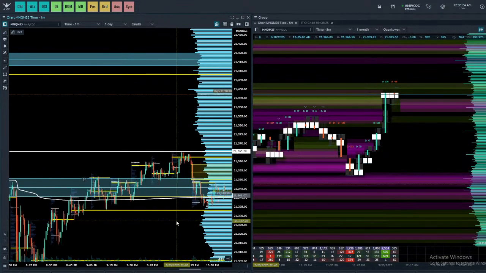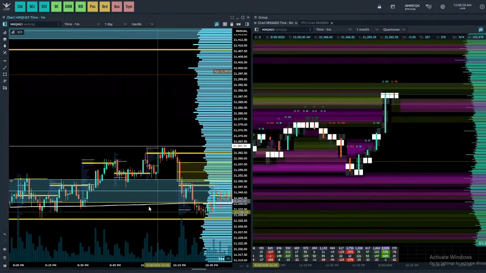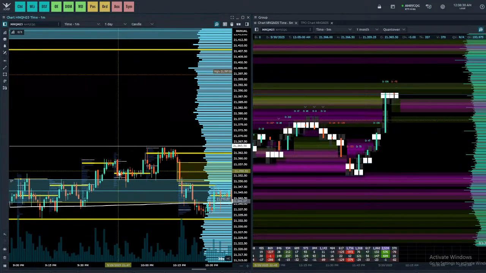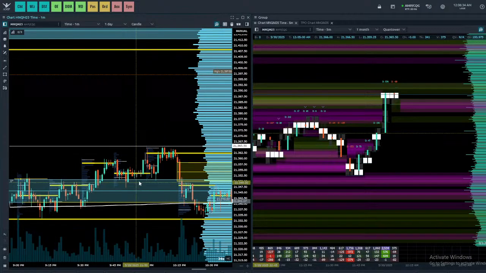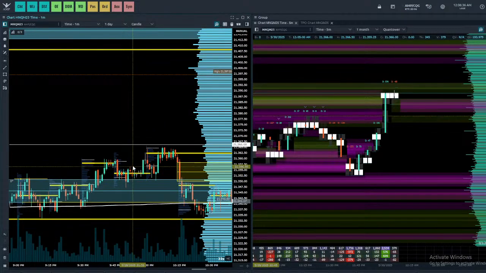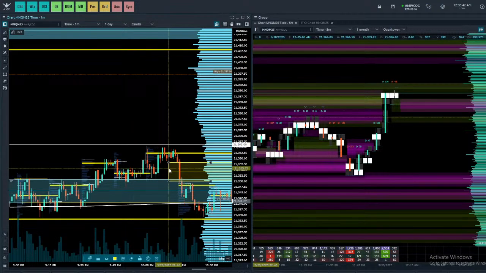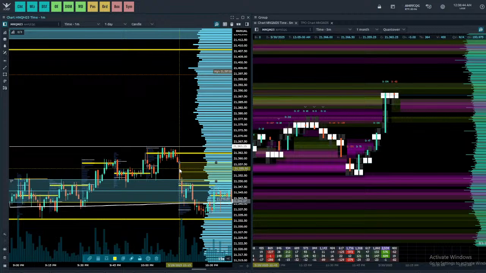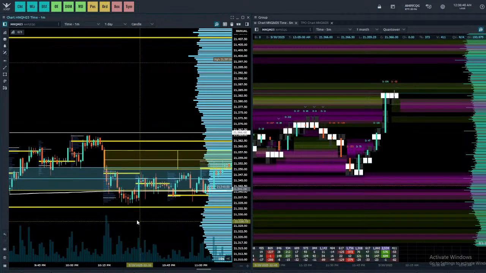Okay. So this would be my multiple inducement zones. I just gotta find this would be lows, came up, swept. Okay, we came up, swept. We moved back down.